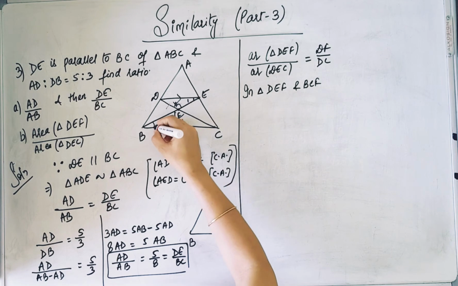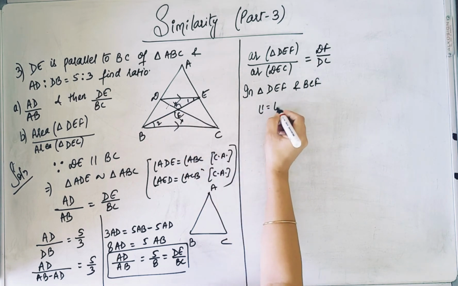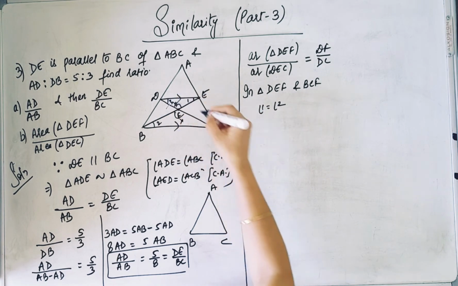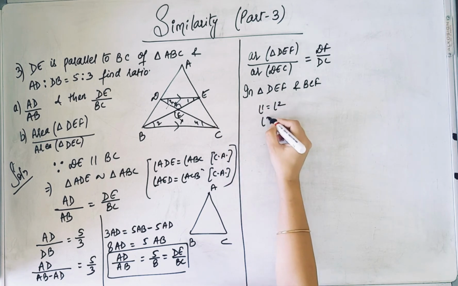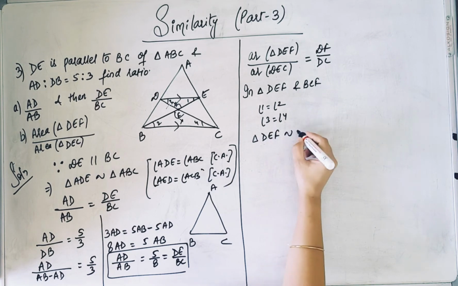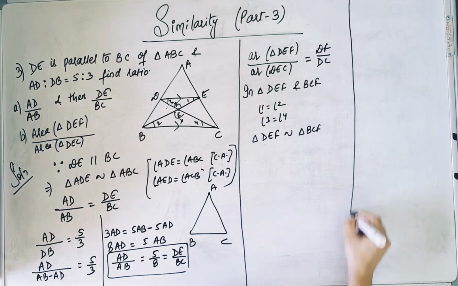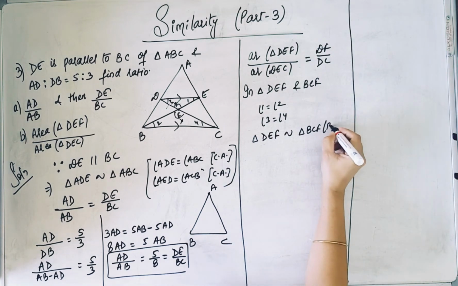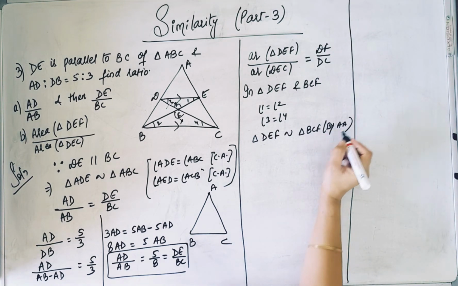So angle 1 is equal to angle 2 and we can also say 3 is equal to 4. So triangle DEF is similar to triangle BCF. Why? We'll write it over here, by AA similarity.